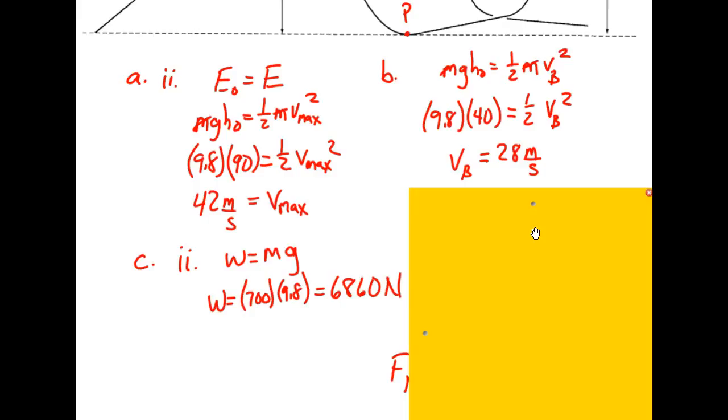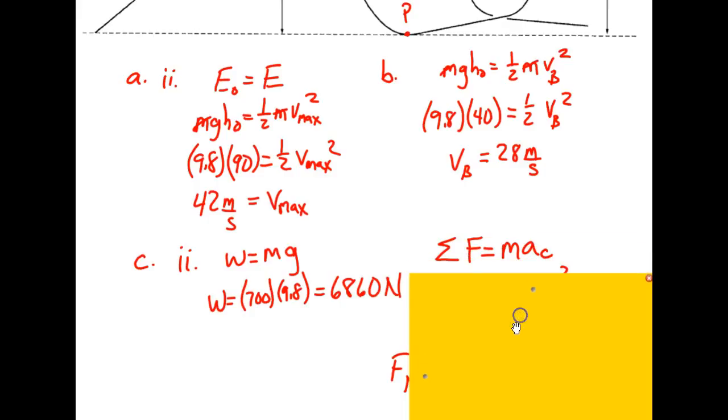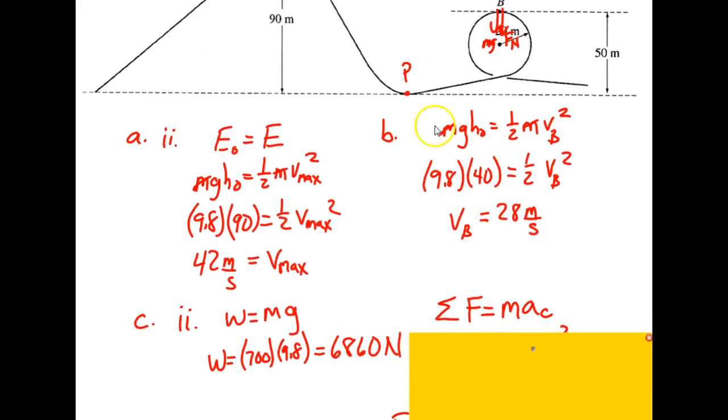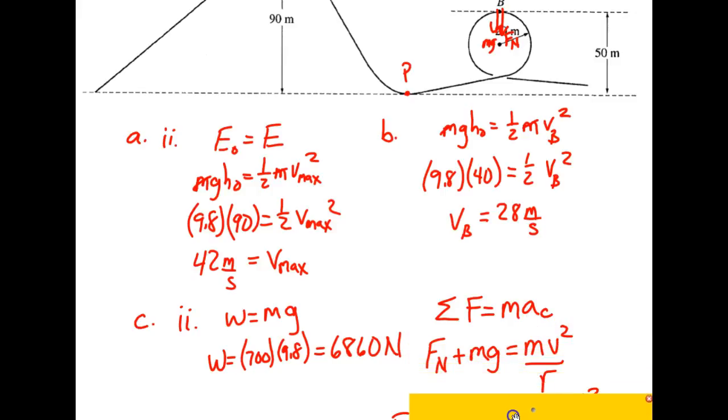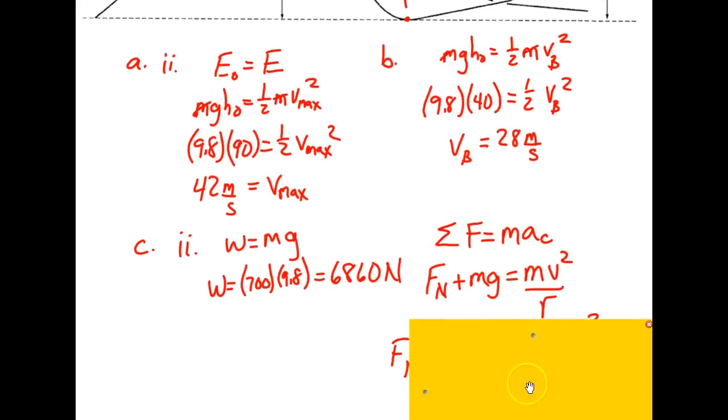For the normal force, that's going to require Newton's second law, recognizing the car is going in a circular path. So it is accelerating with a centripetal acceleration. At point B, the normal force plus the weight causes the car's mass to centripetally accelerate at v squared over r.